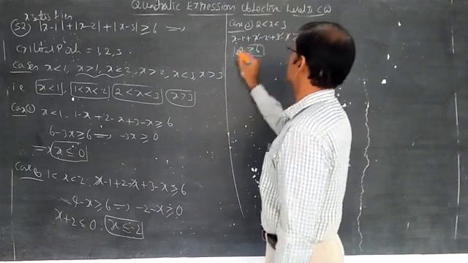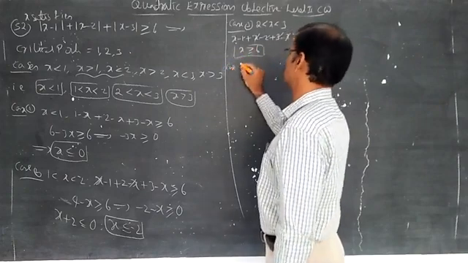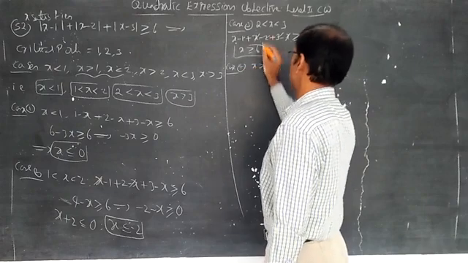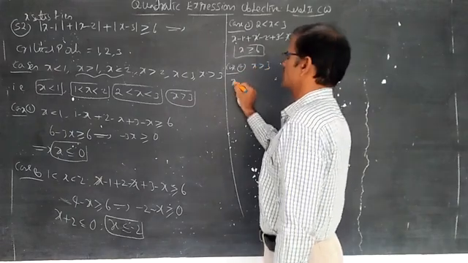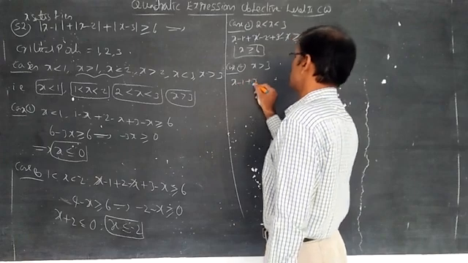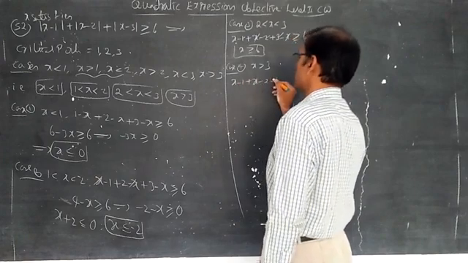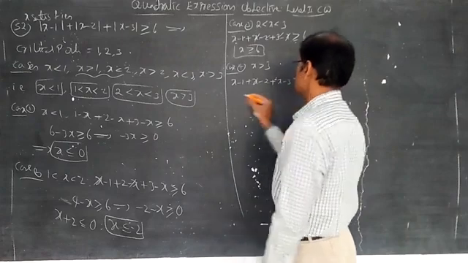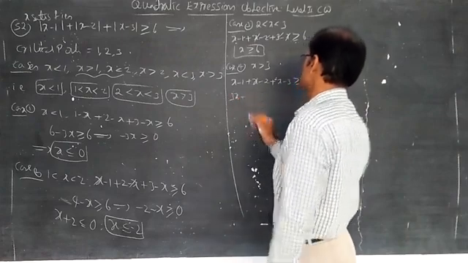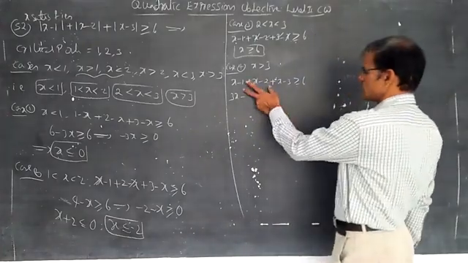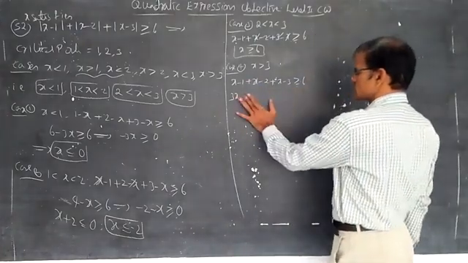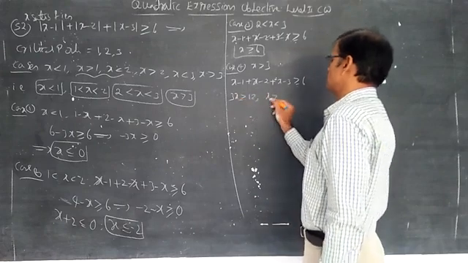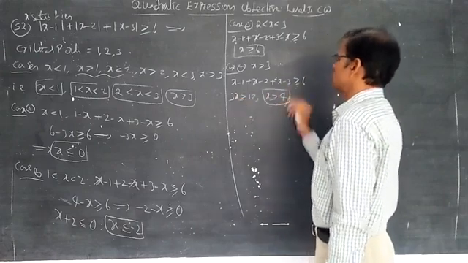Next, case 4: x greater than 3, so everything is positive. x minus 1 plus x minus 2 plus x minus 3 greater than or equal to 6. You can write 3x minus 6, so 3x greater than or equal to 12, and x greater than or equal to 4.